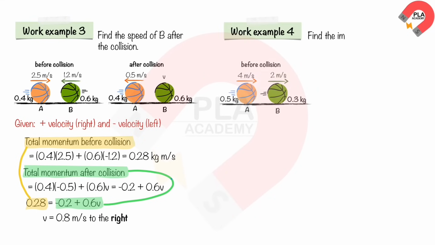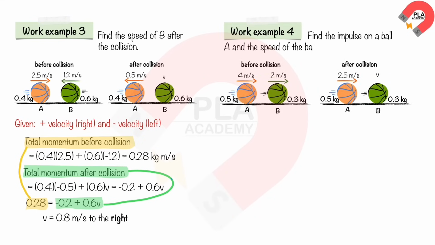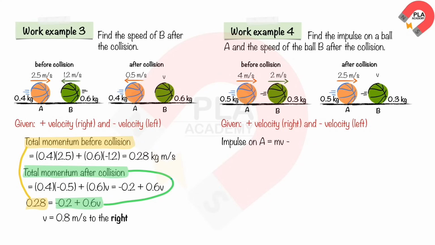Work example 4. Find the impulse on ball A and the speed of ball B after the collision. We take the direction to the right as positive, and to the left as negative. Impulse on A equals mv minus mu. Substitute m equals 0.5, v equals 2.5 and u equals 4. The result is minus 0.75 kilograms meters per second, to the left.